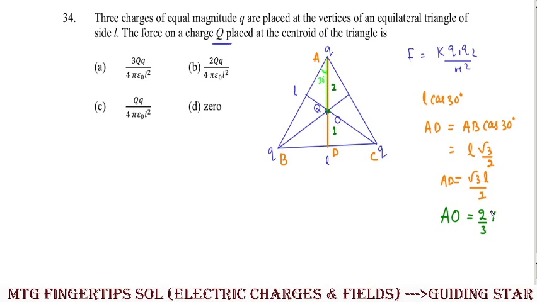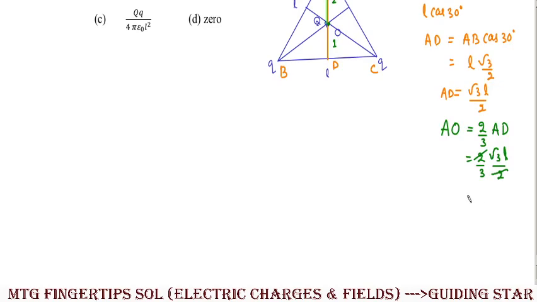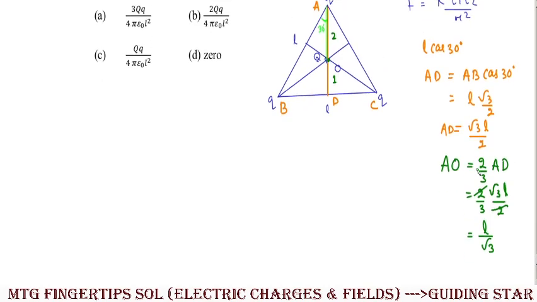But AD is root 3 L divided by 2. So 2 got cancelled. So finally how much are we getting? We are getting L upon root 3. Clear? So finally in this particular case, AO equal to BO equal to CO, that is equal to L upon root 3.